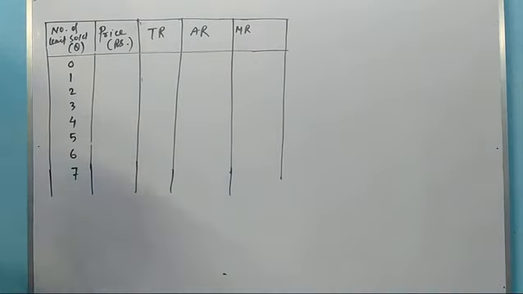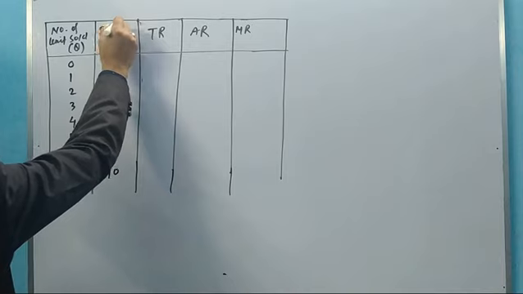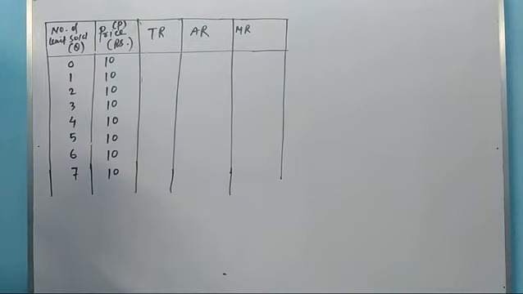And we know that in the perfect competitive market, the price is constant. Here I am taking 10 rupees for each and every unit of selling, and price is denoted as P.